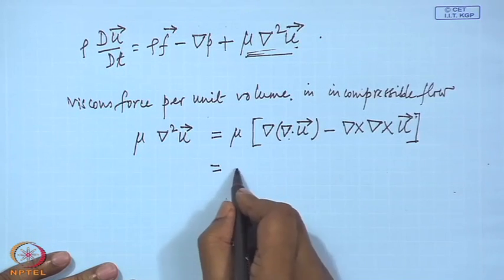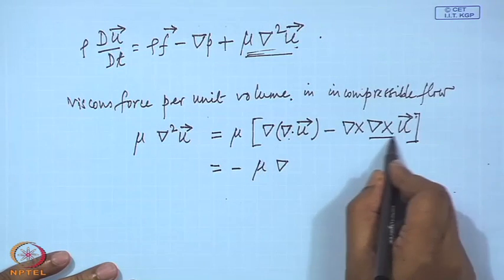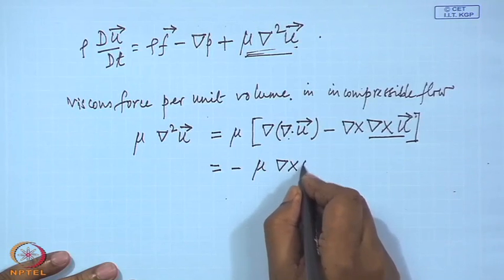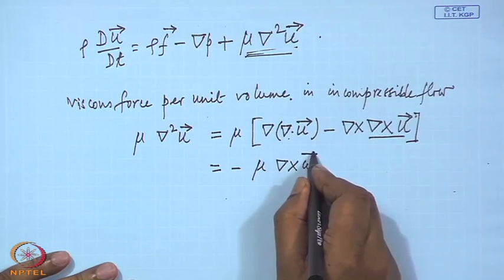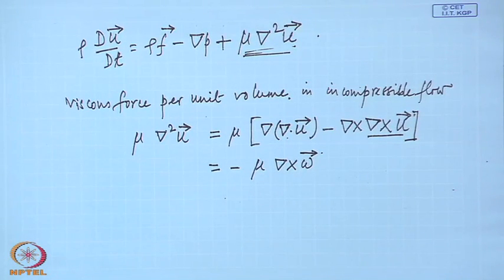So, this becomes minus mu curl of, and this curl of u is omega, the vorticity. So, we see that the viscous force per unit volume is given by the curl of vorticity.